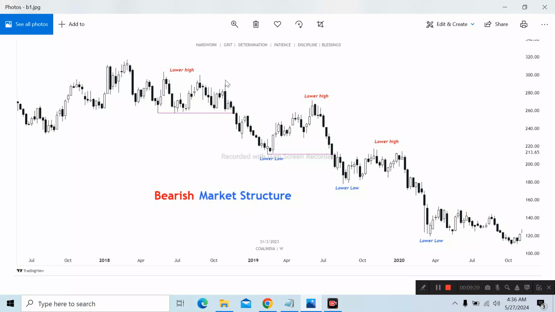When price breaks this lower low to create another lower low, the price retraces to form another lower high and breaks down again to create another lower low. In this manner, you know you are in a bearish market structure. We are in a bearish market structure as soon as we see this form.